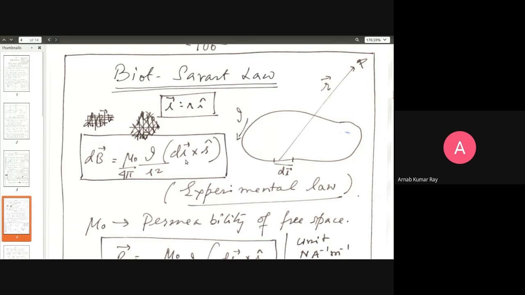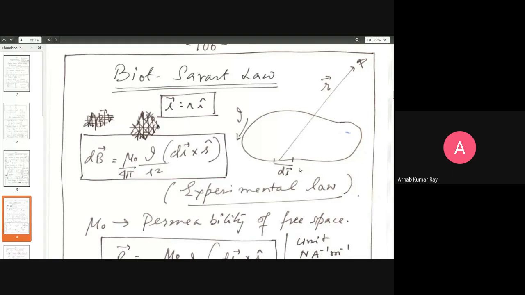That will be determined by your knowledge of the direction of the cross product of two vectors. For instance, here you have got dl, here you have got r cap in this direction. So it will be dl cross r cap. R cap has the unit value of 1. It's a unit vector.